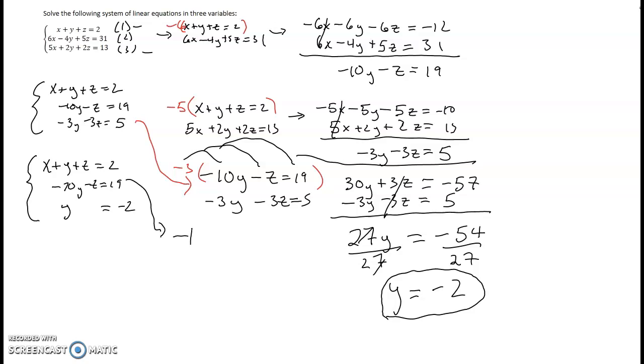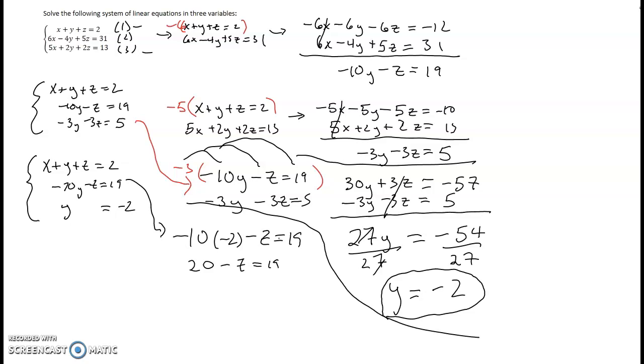So negative 10 times negative 2 minus z equals 19. Negative 10 times negative 2 is 20, minus z equals 19. Subtract 20 on both sides, and I get negative z is equal to negative 1. Divide both sides by negative 1, and I get z is equal to 1.